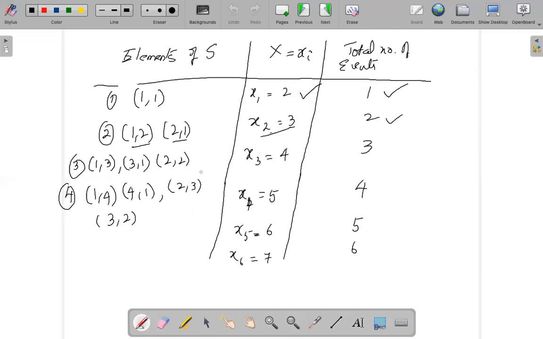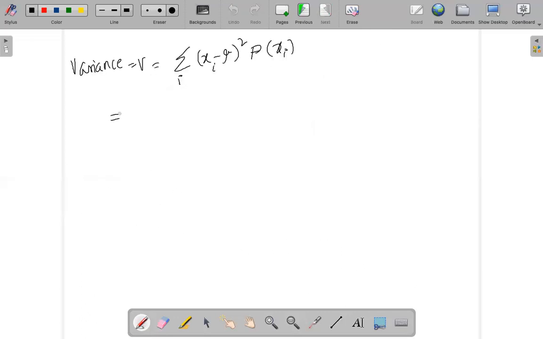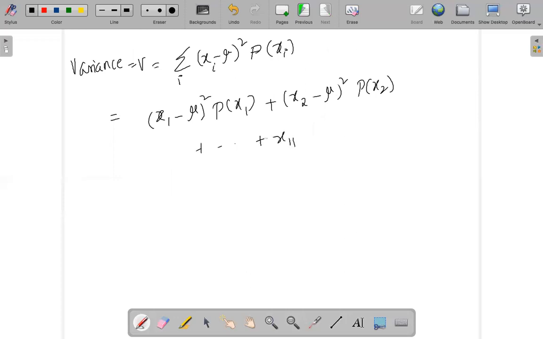So this will be (x1 minus mu) whole square into P of x1 plus (x2 minus mu) whole square into P of x2 and so on, up to (x11 minus mu) whole square into P of x11.